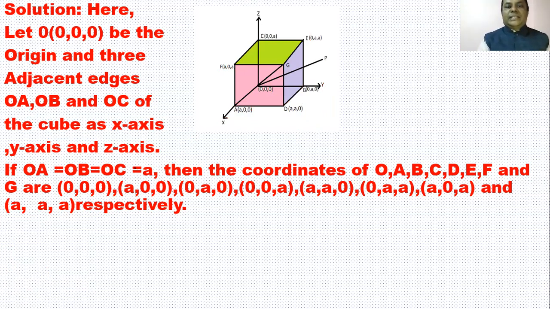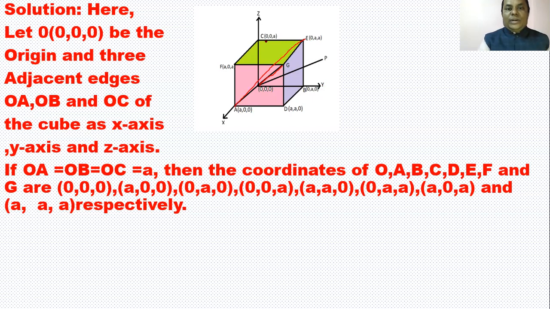Our main target is to get the angles alpha, beta, gamma that the line OP makes with the four diagonals of a cube. What are the four diagonals? One diagonal is OG, and another diagonal is AE.